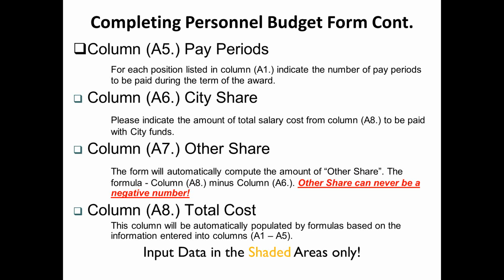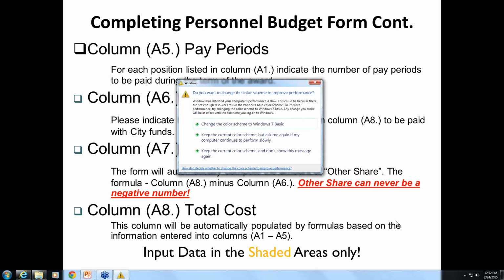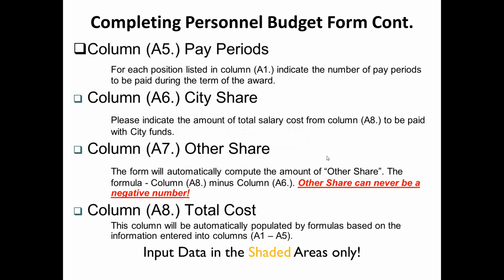Once you have determined the total costs, then you come back and determine, of the total cost, how much you think the city should pay for. Okay? So you're always going to first determine the total cost. That's column A8.